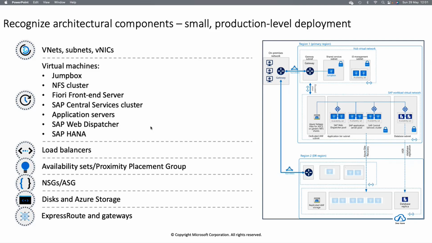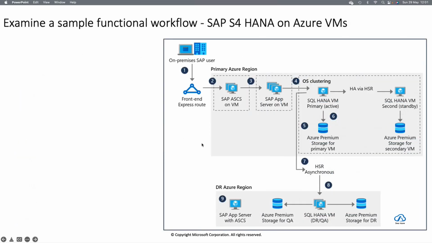We put it on a proximity placement group, or we can put it on a load balancer that we use. Just the components, right? The VM can be using a jump box, or you can put up Fiori front ends overall. So that's the point of making sense of the different S/4HANA or SAP NetWeaver deployments. Here is the sample functional workflow for you to make sense of it.